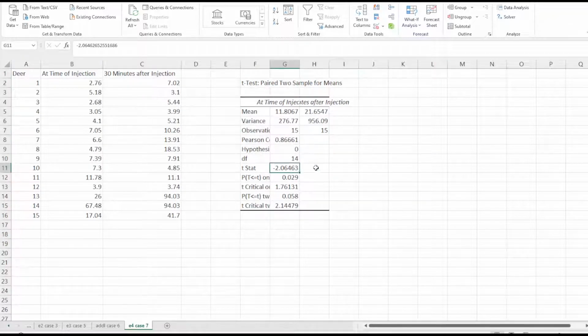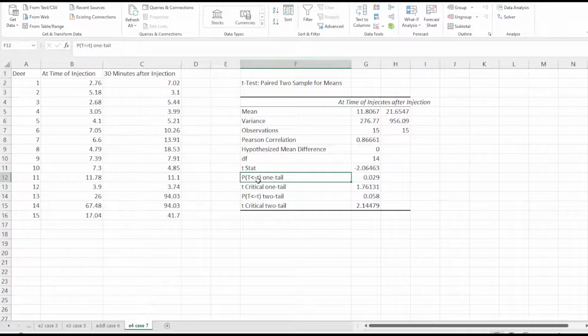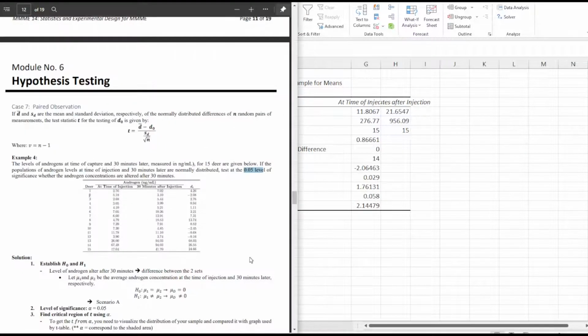So, t-stat here, this is our t-crit. Itong value na to, t-crit. This p here is the p-value if you use a one-tail test. Tapos, ito naman, p-value if it's a two-tail test. And let's look at the problem, no? Kung meron bang sinabi na kung two-tail to or not. So, ang sabi naman dito is test whether the concentrations are altered after 30 minutes.